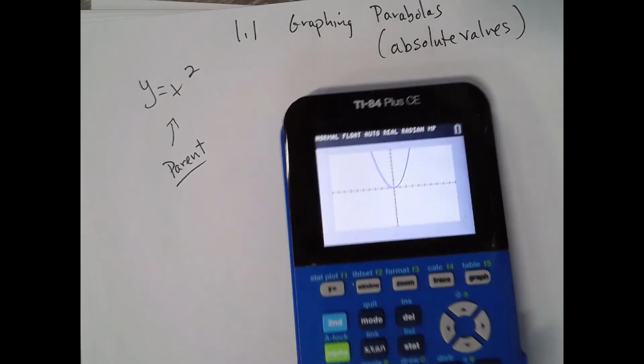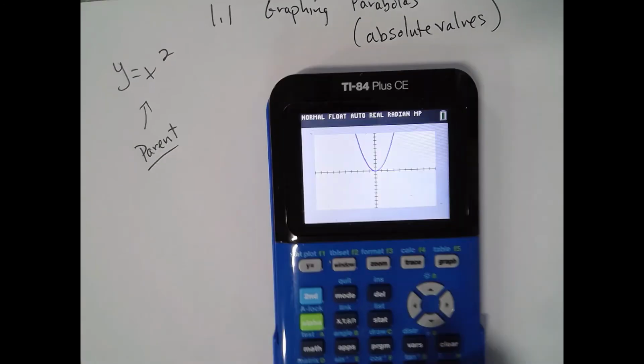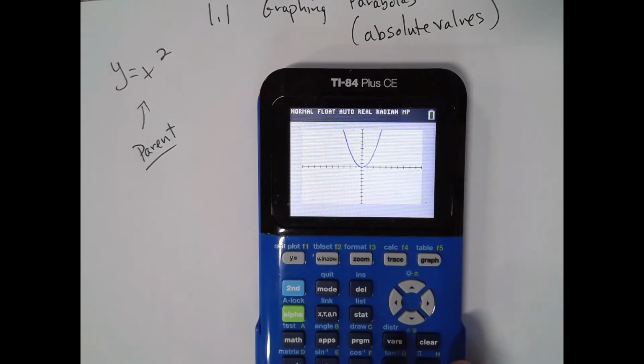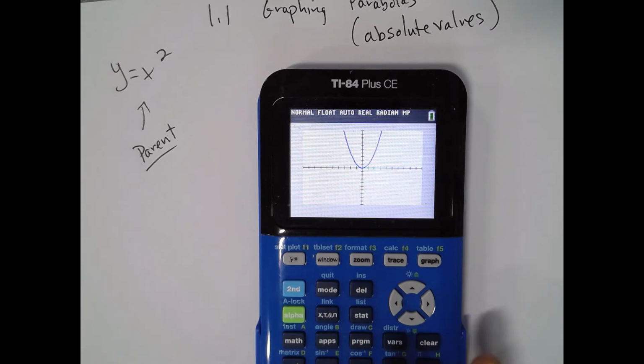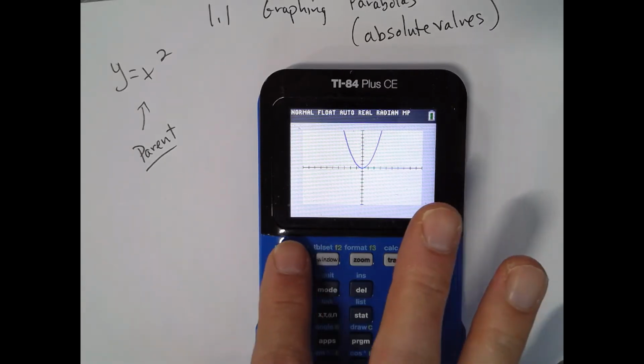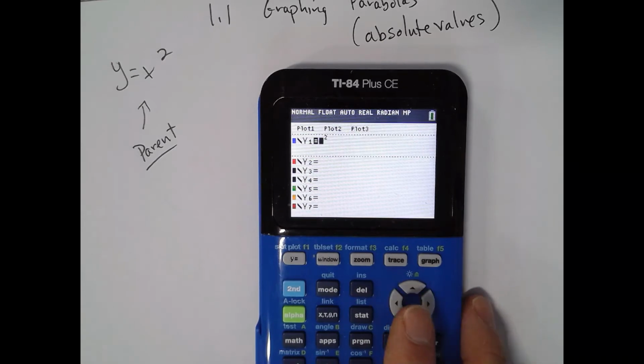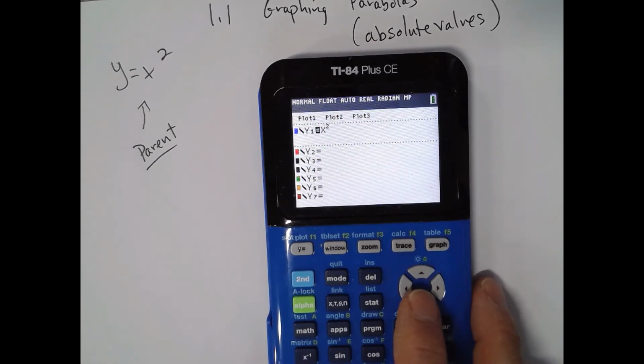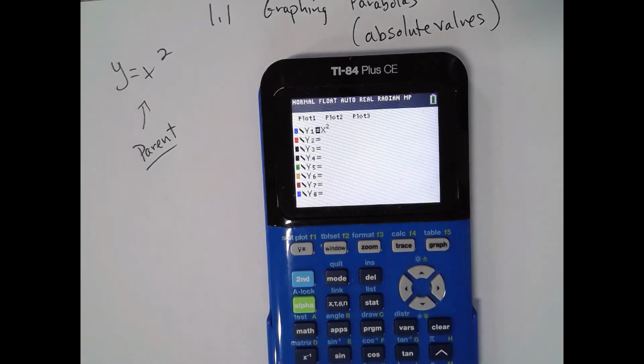So we have the parent graph, y equals x squared. Let's see if we can change that equation. So I'm going to go back to y equals, and I'm going to leave my parent graph in there, y equals x squared. I'm arrowing down. And now I'm going to give us a different parabola. I'm going to transform it a little bit.